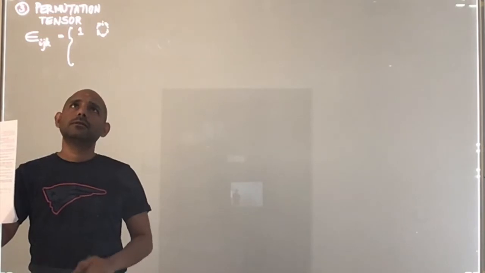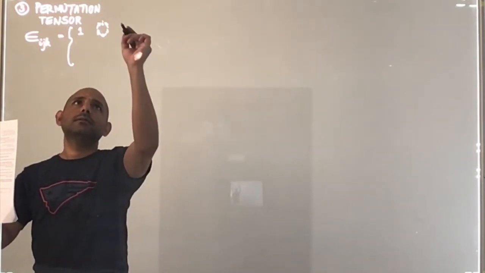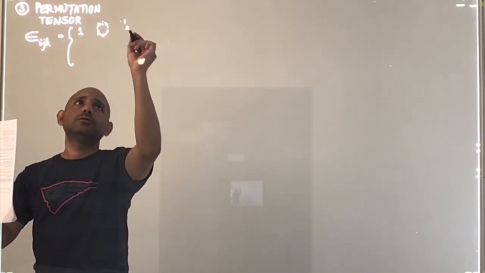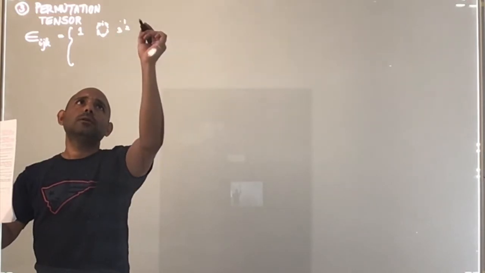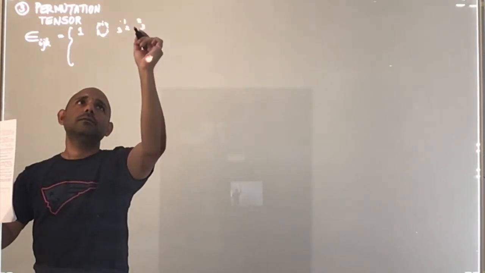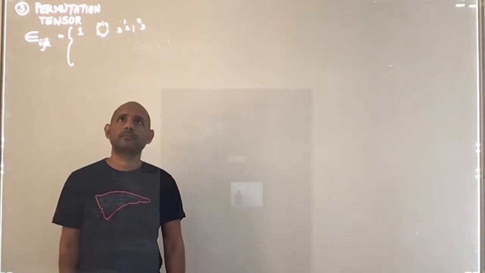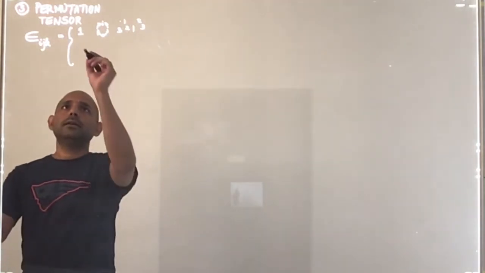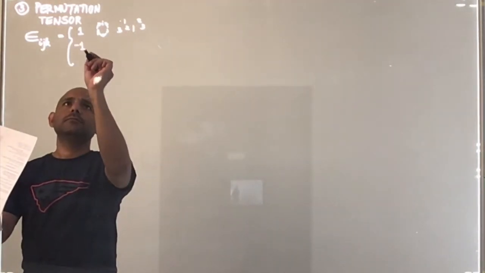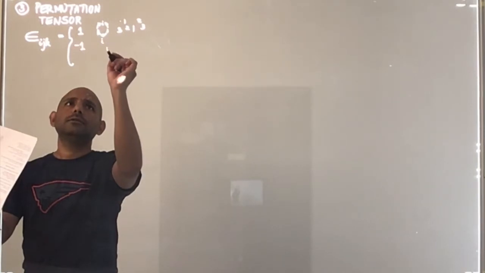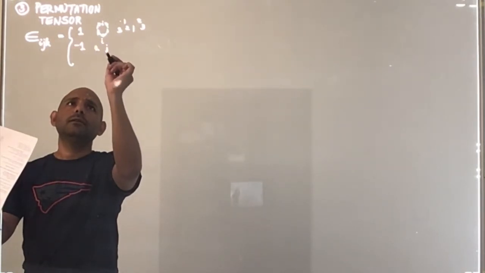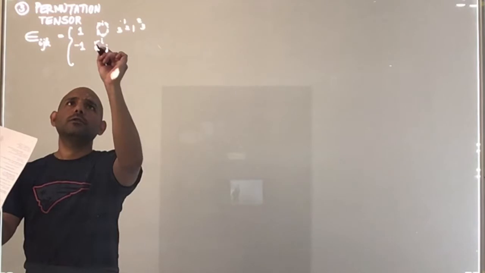Okay? So, for example, 1, 2, 3, or 2, 3, 1, etc. It is -1 when I, J, and K are counterclockwise.